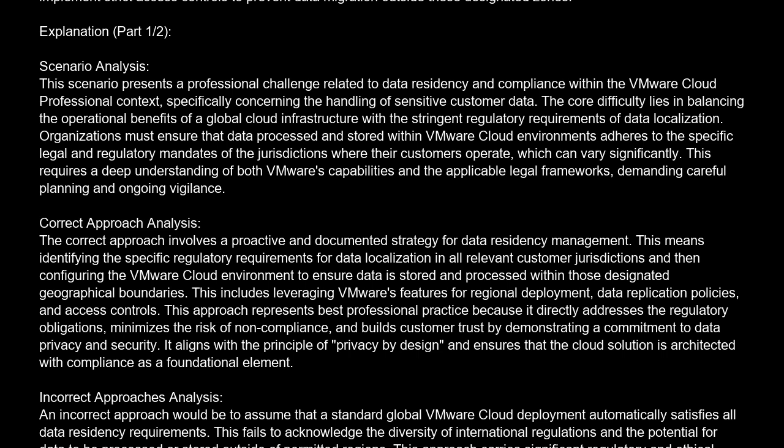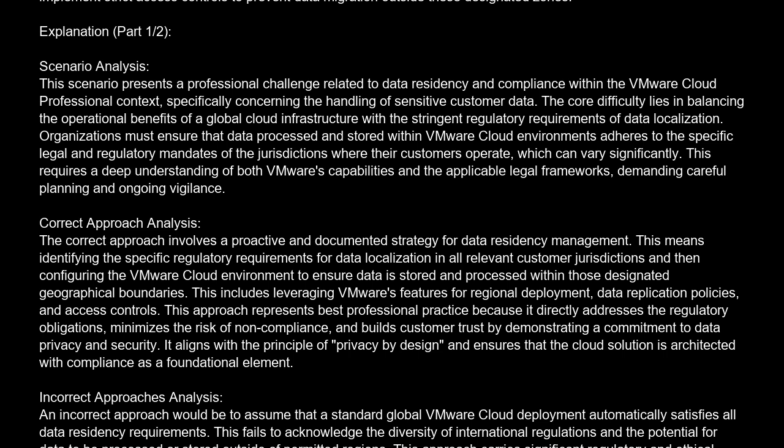Explanation. Scenario analysis. This scenario presents a professional challenge related to data residency and compliance within the VMware Cloud professional context, specifically concerning the handling of sensitive customer data. The core difficulty lies in balancing the operational benefits of a global cloud infrastructure with the stringent regulatory requirements of data localization.